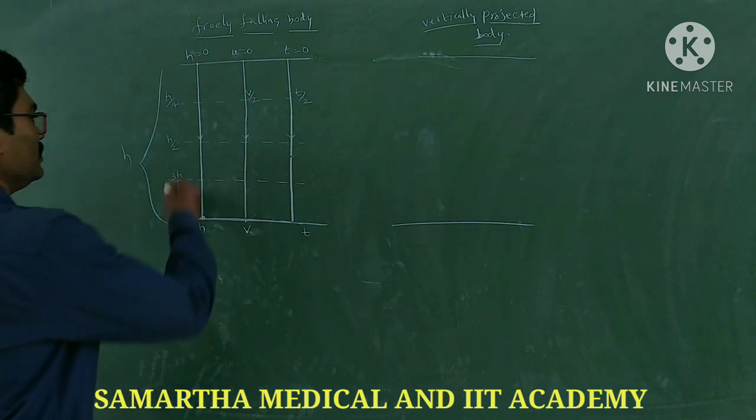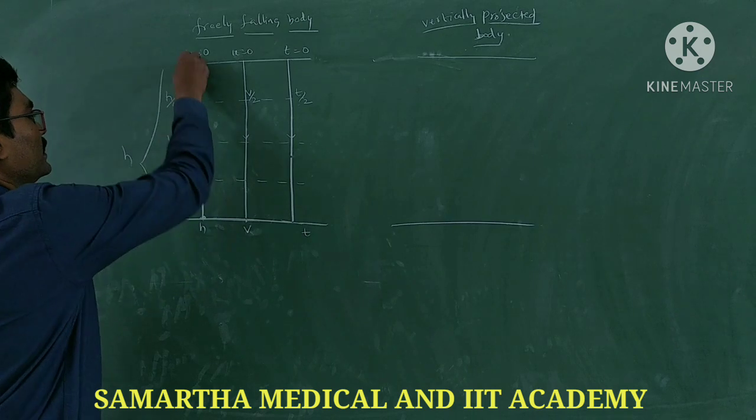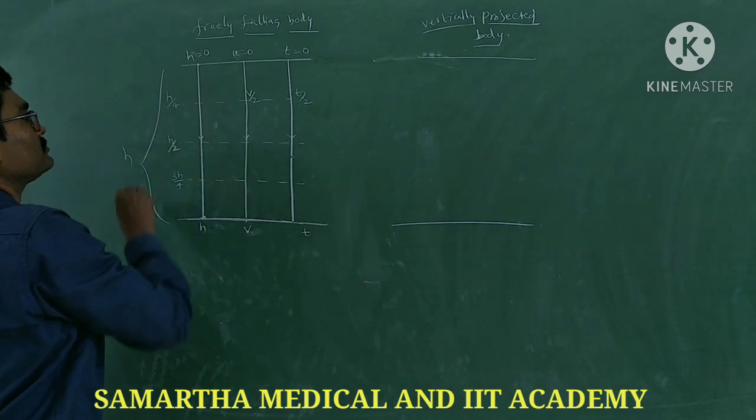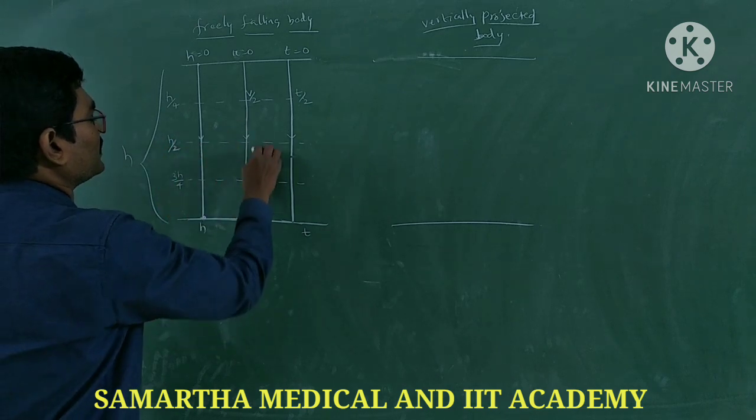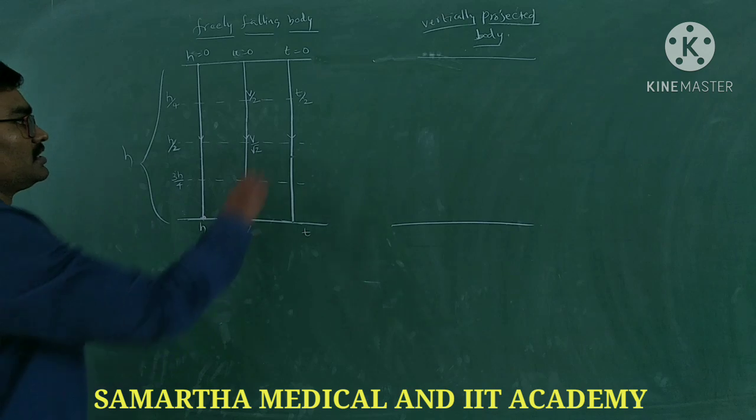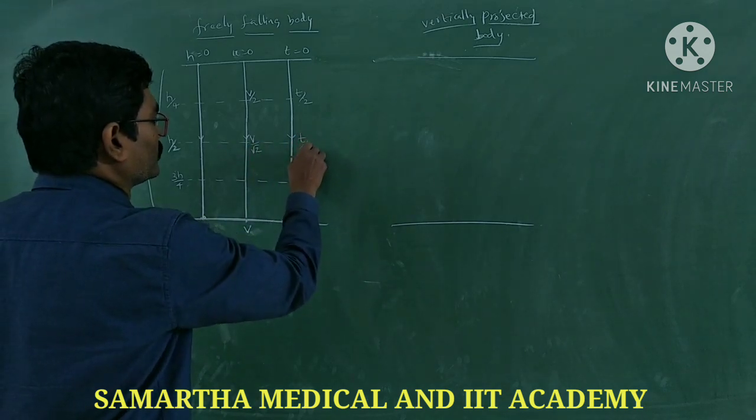Okay, next, to reach the distance h by 2, the velocity is v by root 2. The time it takes is t by root 2.